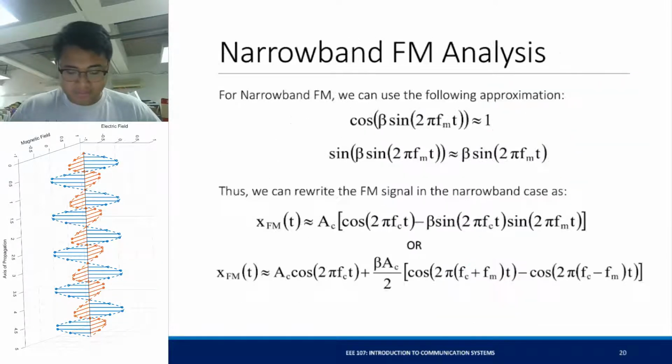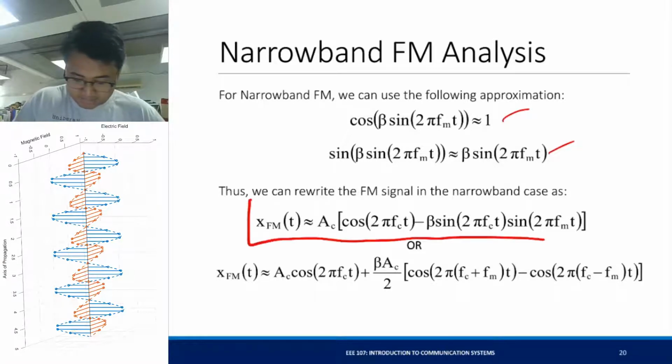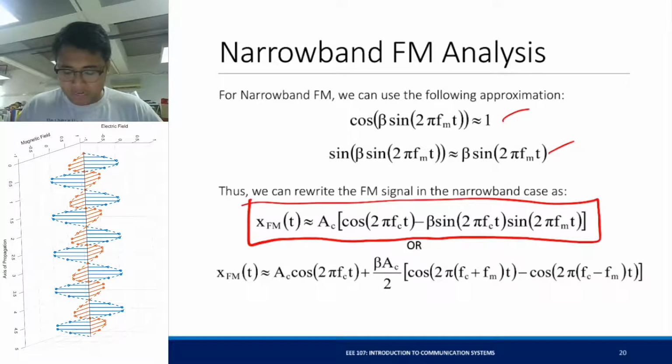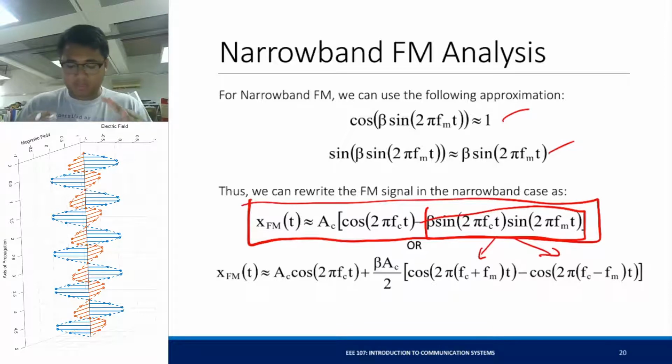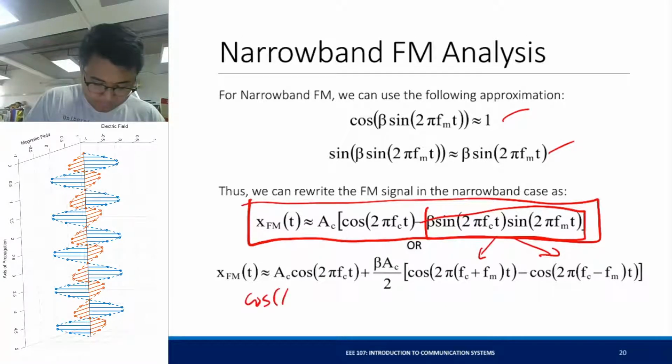So with that, your narrowband FM, see here, can now be expressed as this, or if we expand this, we can look at it using the formula again for cosine.